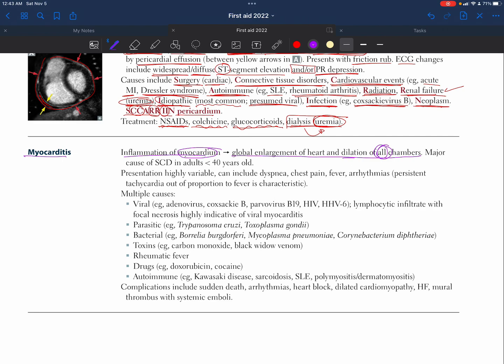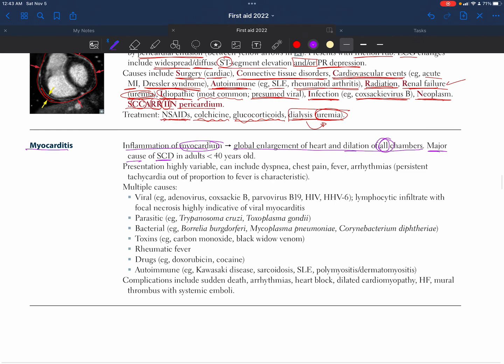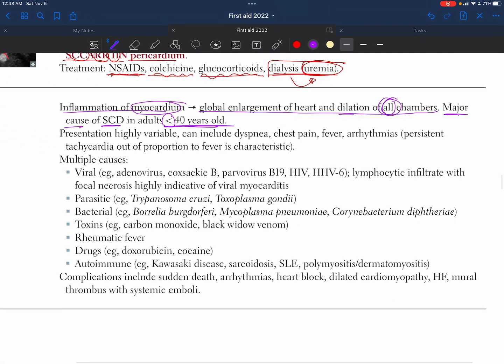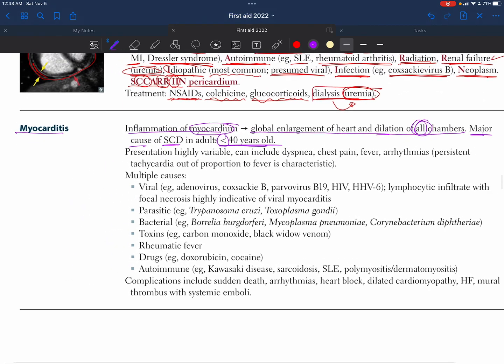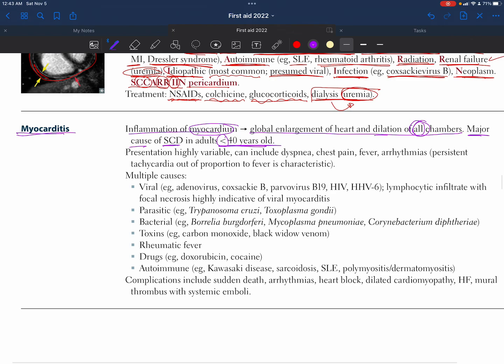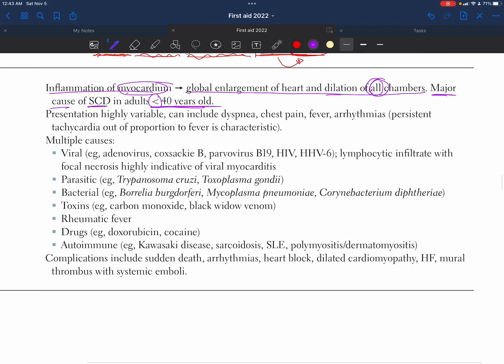Myocarditis is a major cause of sudden cardiac death in adults below 40 years old. So we see that a lot, a lot of patients who die with sudden cardiac death before the age of 40, the majority of those go to myocarditis as the etiology.